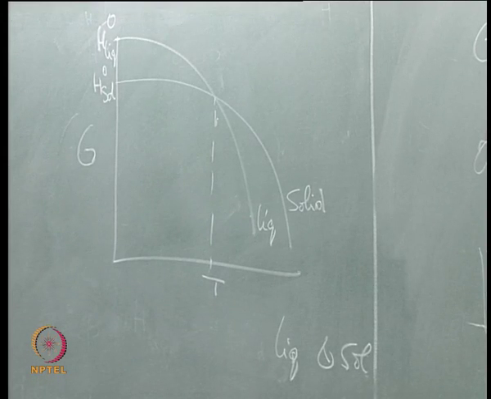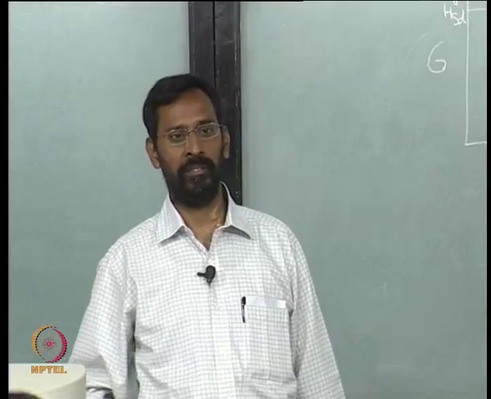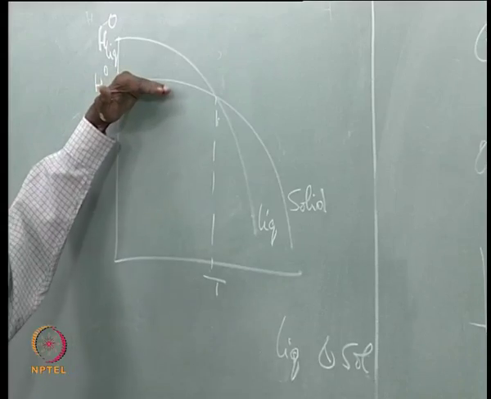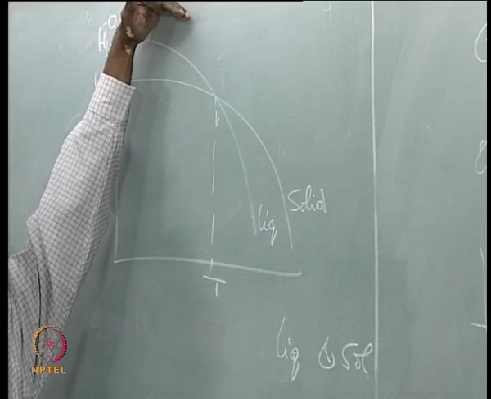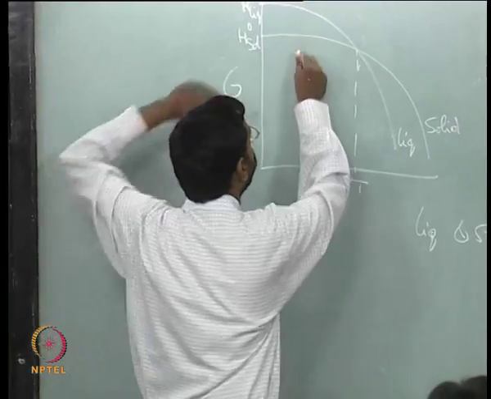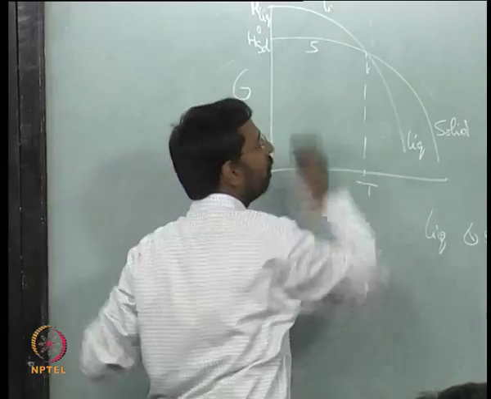That means liquid has a lower free energy than the solid above that intersection, and below the intersection the solid is always below that of the liquid, isn't it? This is the solid curve, this is the liquid.